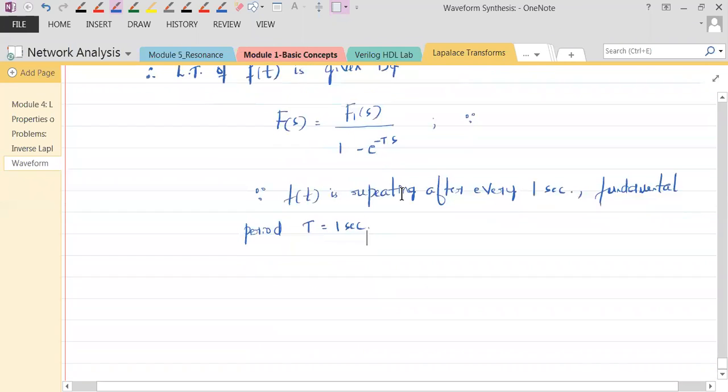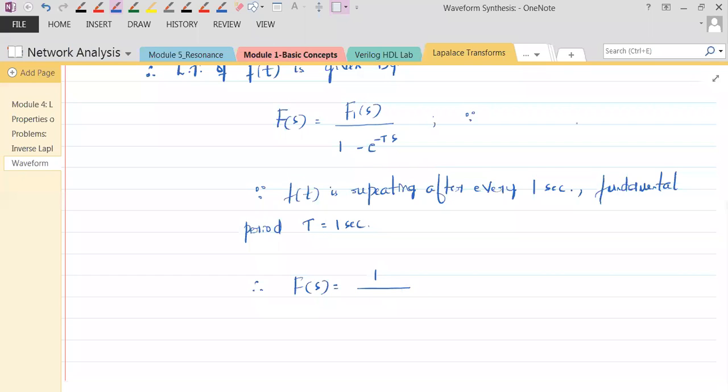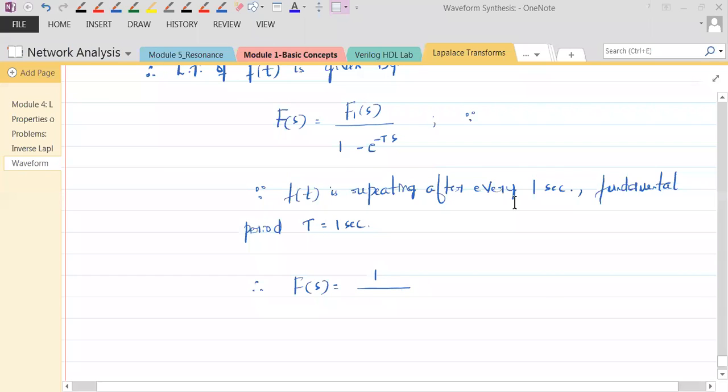Therefore, what is f of s? Therefore f of s is given by f1 of s divided by 1 minus, since T is 1, e power minus s.